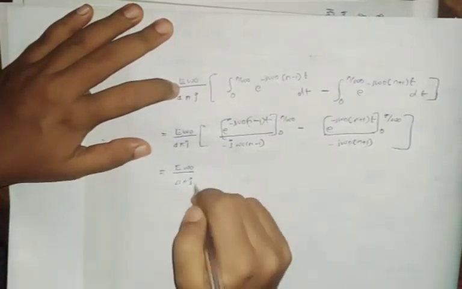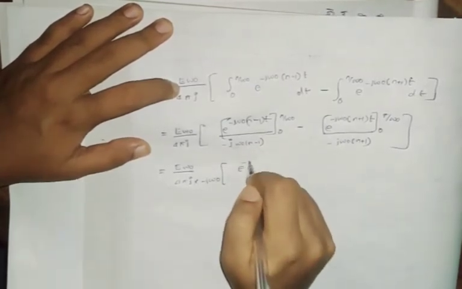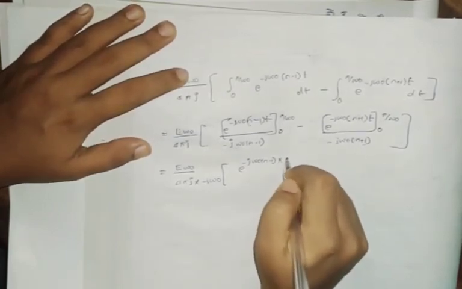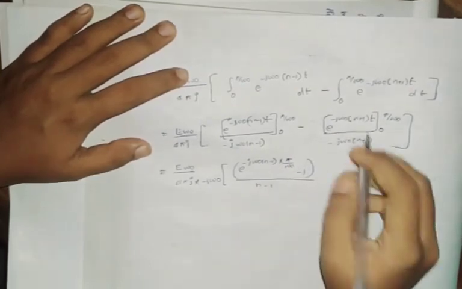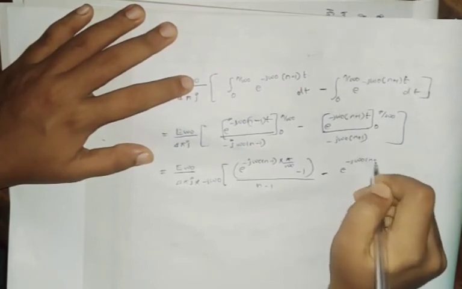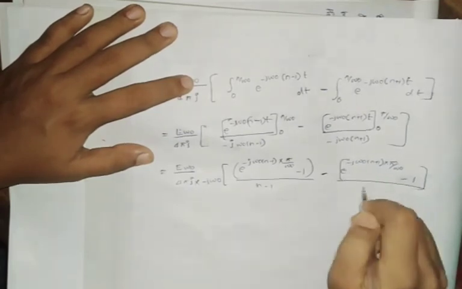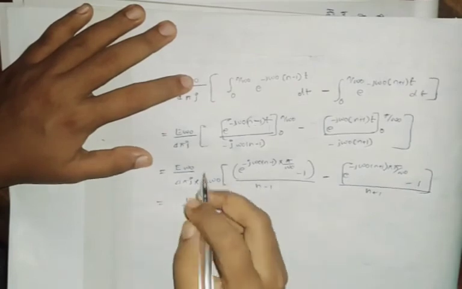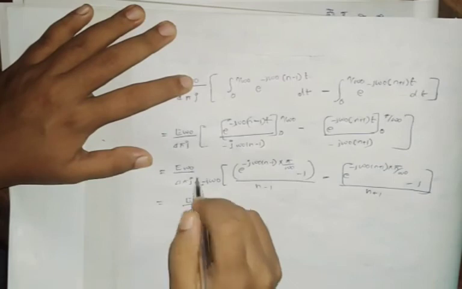I'll take j omega 0 outside. J square is minus 1 and with this minus it will become plus.